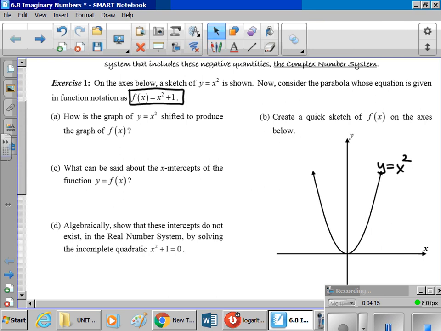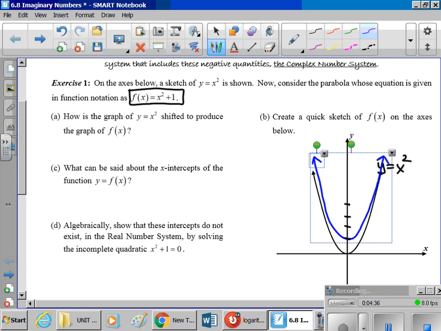You can get this very easily from your calculator as well. I don't want you to think this is magic. Basically, the function gets shifted up just by 1. So this becomes y equals x squared plus 1. It looks like this.